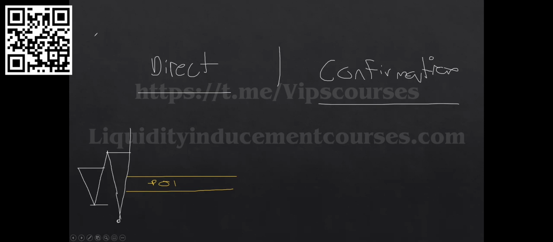Let's say this is an order block, for example. That's the OB. So the direct entry will be us refining the higher time frame order block, right?